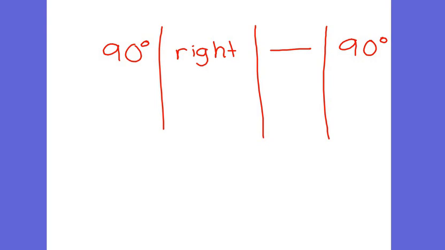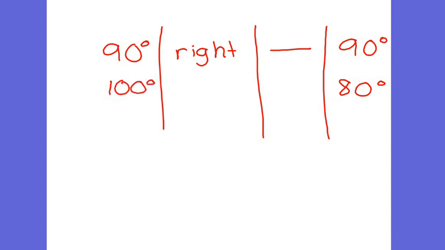Some of your other blanks in that table have you working backwards. They might give you a supplementary angle. I'm making up an example. They might give you a supplementary angle of 80 degrees. Well, if my supplementary is 80, what does the original angle have to be? If it adds up to 180, and this one's 80, what does this one have to be? 100.